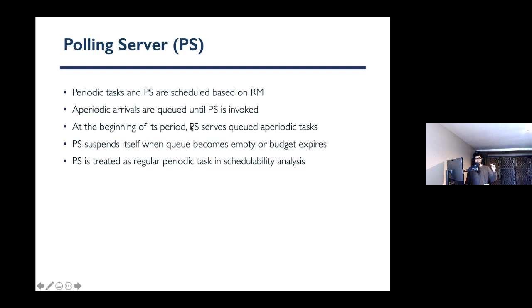If you want to give aperiodic tasks the highest priority, so you run them as fast as possible, then you set a short period for PS, because the shorter your period is, the higher your priority becomes under RM.